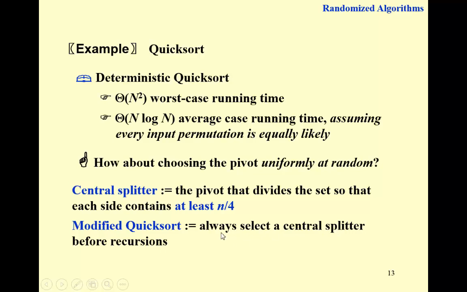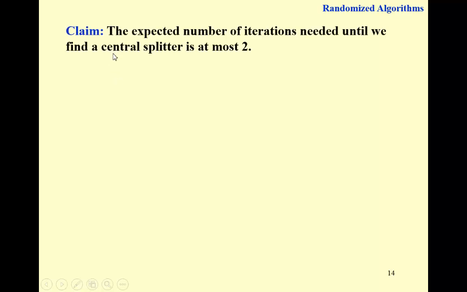Well, will it make things better? What if it takes too long to finally find a central splitter? Well, here we have the good news. We say that the expected number of iterations needed until we find the central splitter is at most 2. And the proof is simple.